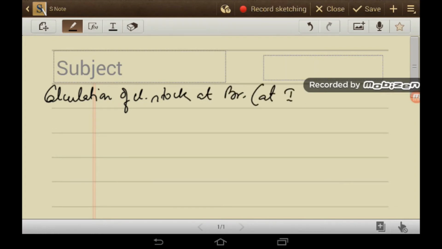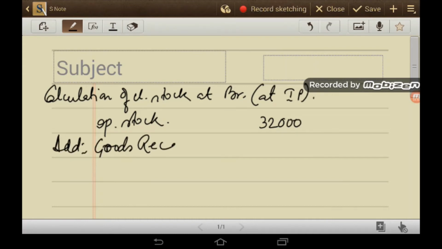Obviously this is at IP, that is invoice price. So what is the opening stock at branch? Opening stock at branch is 32,000. Add goods received from HO, so this is 1 lakh rupees. 1,32,000.